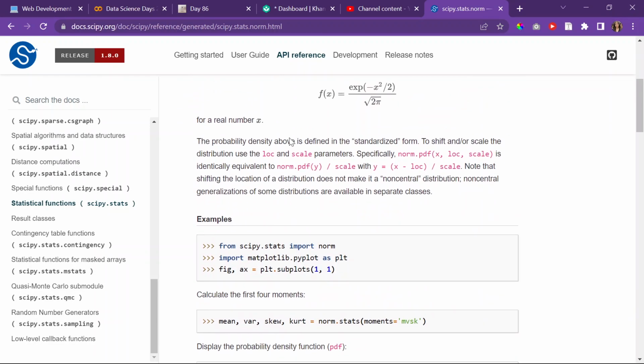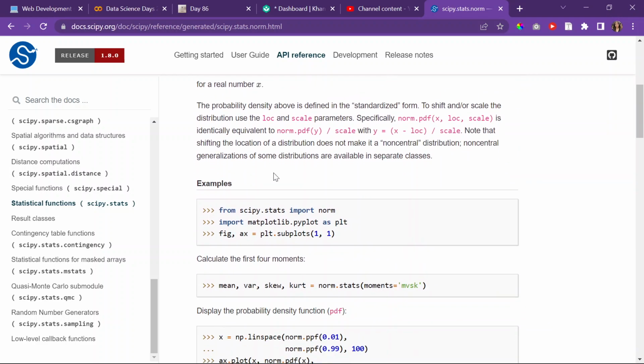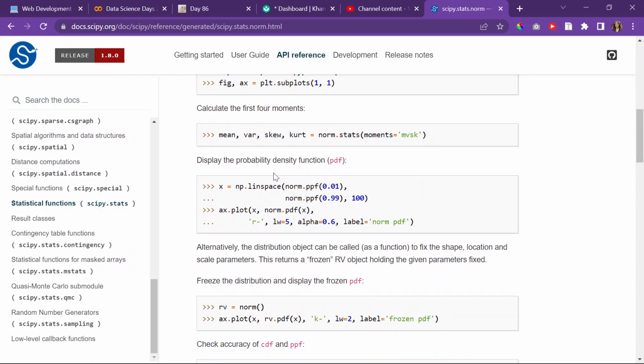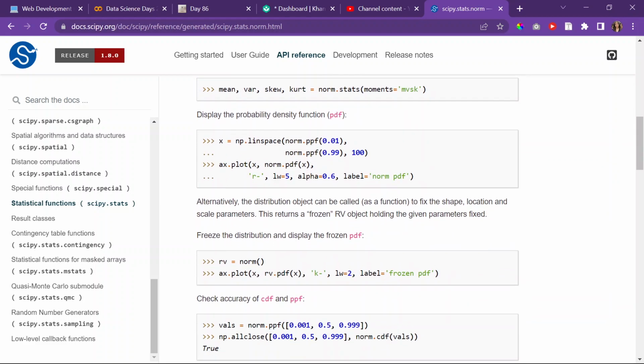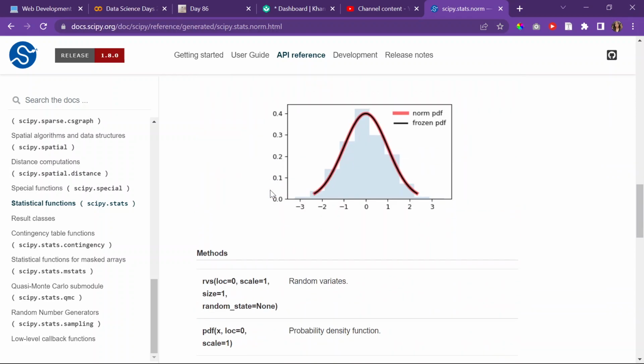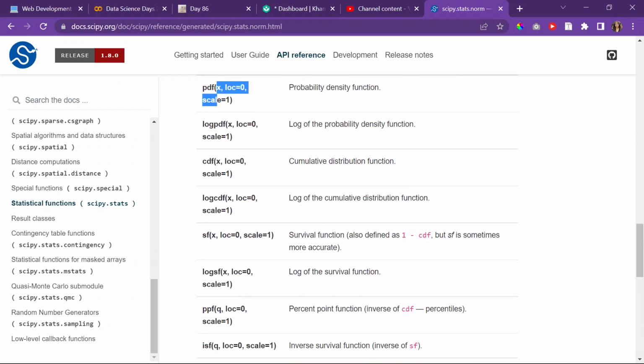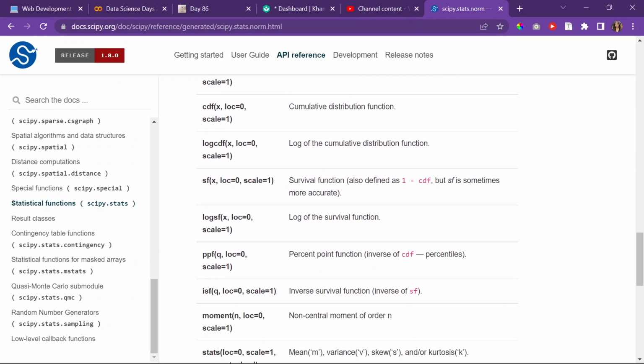Continuous random variable. So norm, okay, one space PDF, okay, here it is. So CDF is a cumulative distribution function.